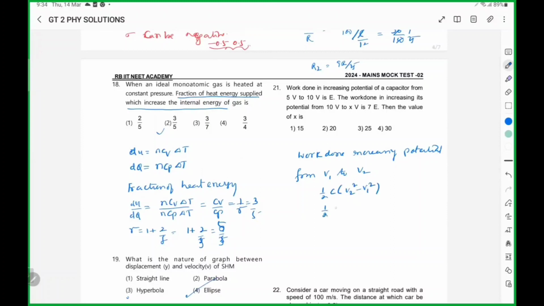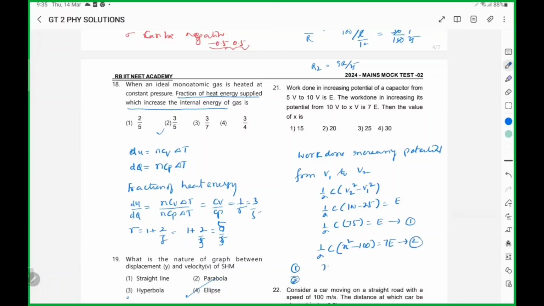In the first case, it is 100 minus 25, or half C into 75, say equation 1. In the second case, it is x square minus 100, which we take as equation 2.